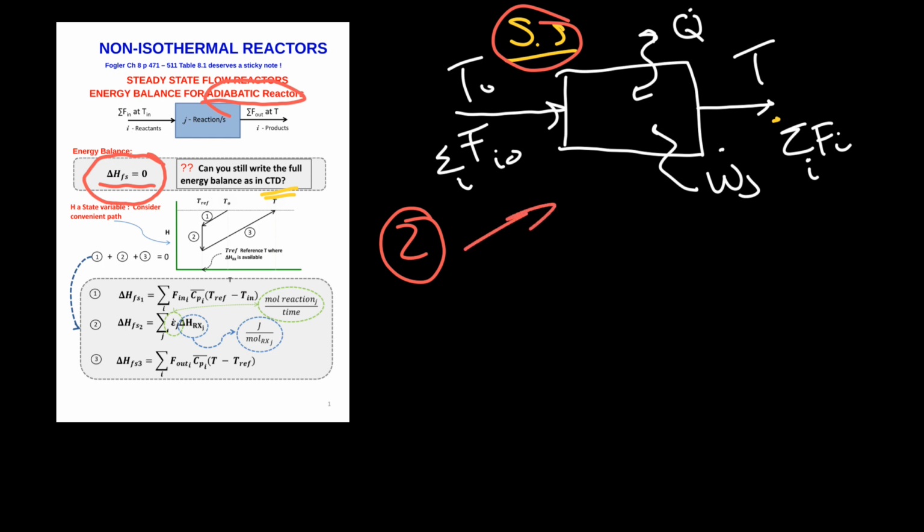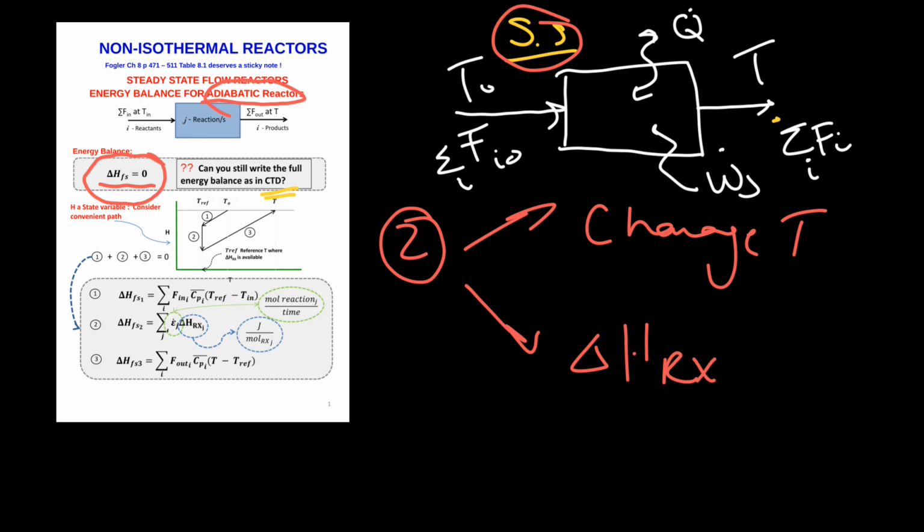The first is there is a change in my temperature. And the second is there's a change in the bond energy, so there is a change in enthalpy due to the fact that the reaction takes place in whatever direction is specified.